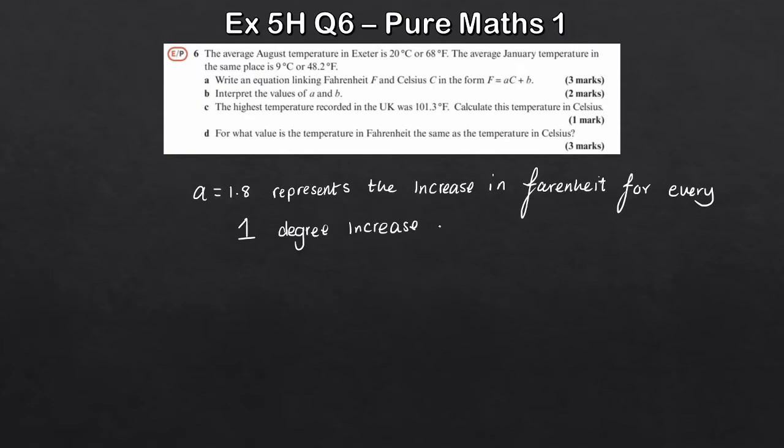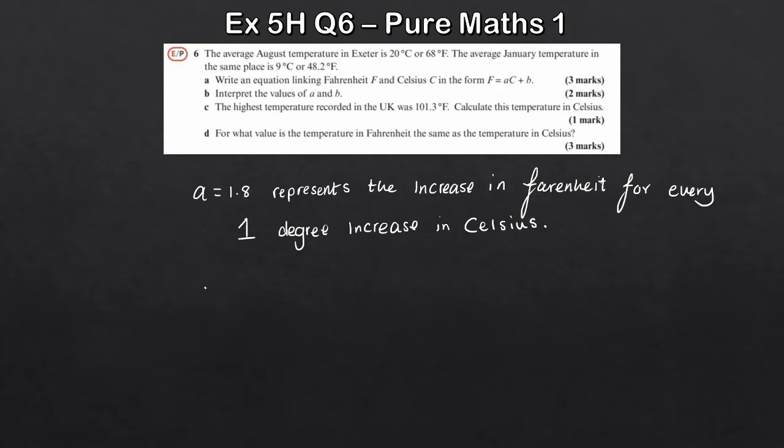For every 1 degree increase in Celsius. So for example, if A had been 2.5, for every 1 degree increase in Celsius, the Fahrenheit temperature goes up 2.5 degrees. So just so you're aware of how that links together.